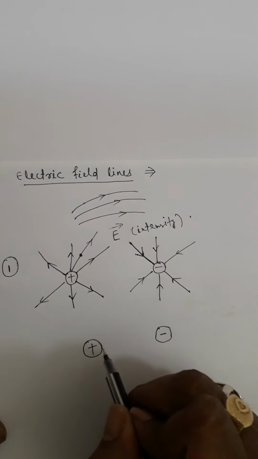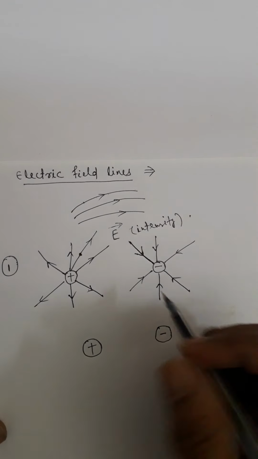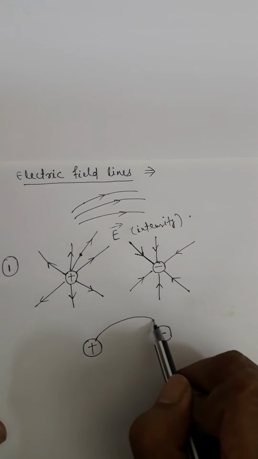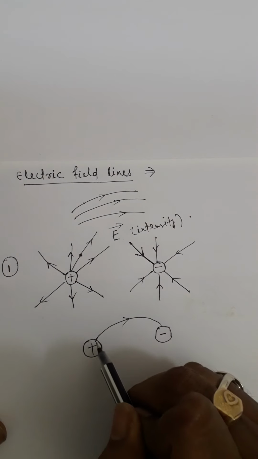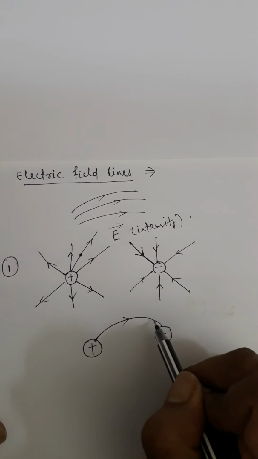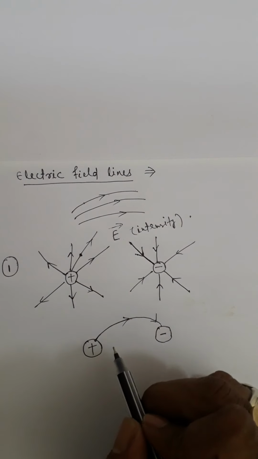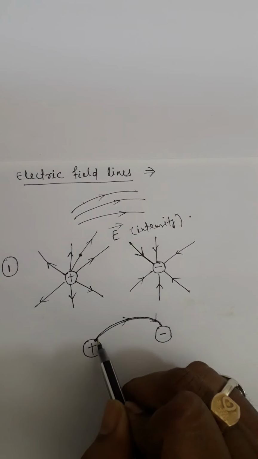If we take a system of two charges, that means positive and negative, then field lines always start from positive and end or terminate at negative. So the direction is from positive and it ends at negative charge. So electric field lines are not continuous loops.